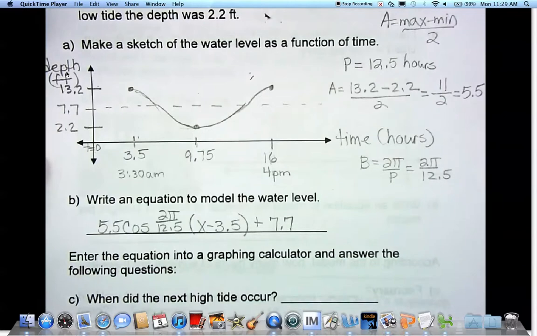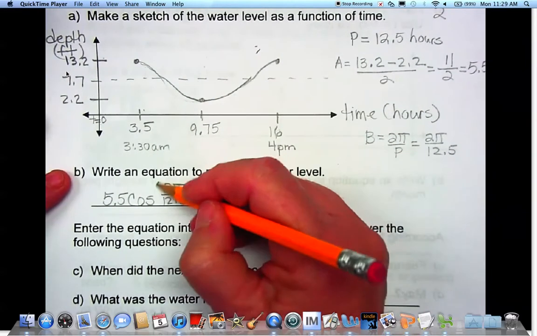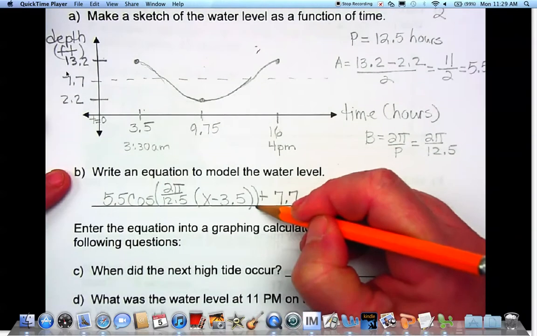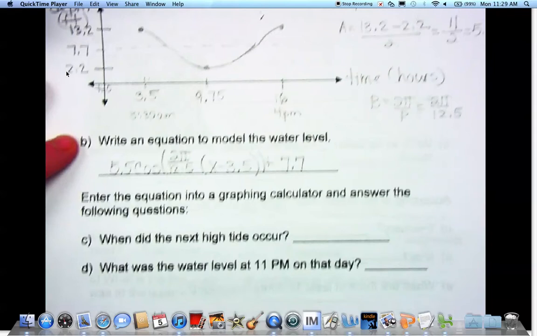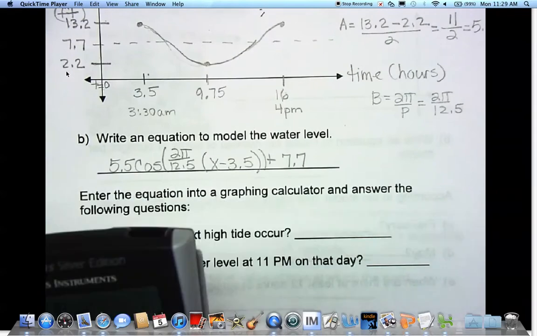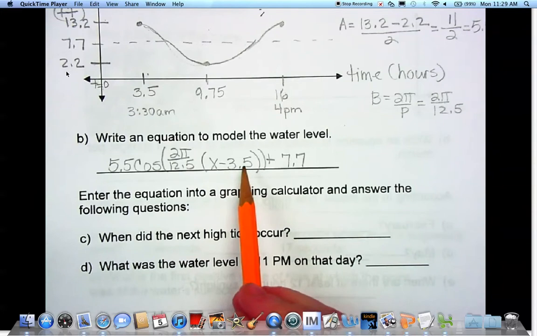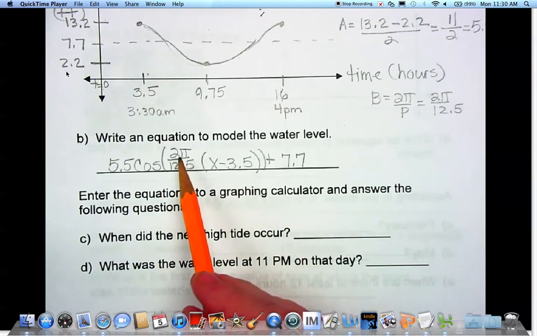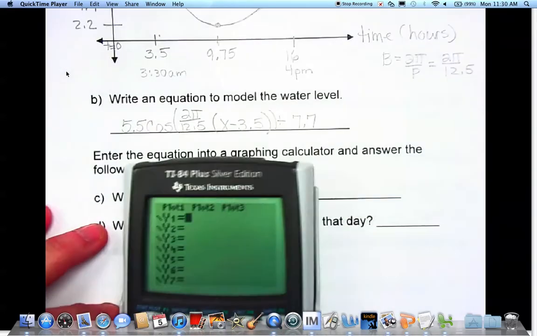Now when we put it in the calculator, you're going to have a parenthesis here, and you're going to need one at the back. You can't add the X on top, the 2 pi, because it's in parentheses with the 3.5. If you didn't have a horizontal shift, then you would put the X on top, but when you have a horizontal shift, you don't want to do that.